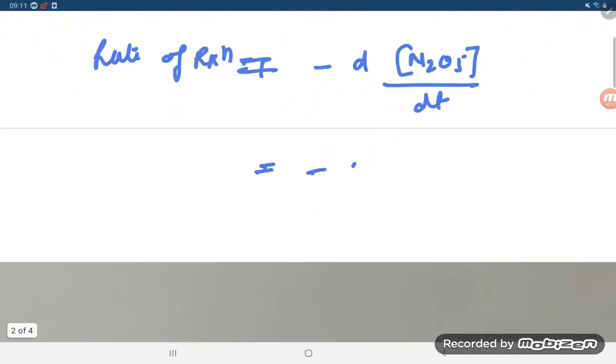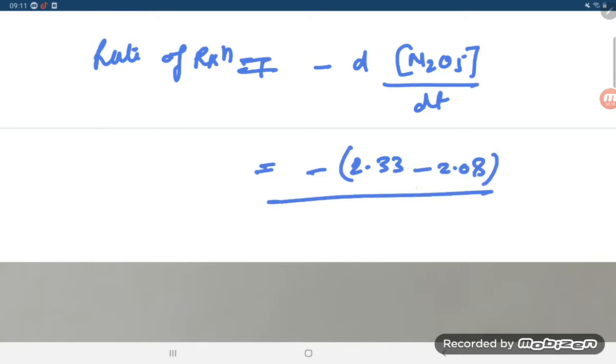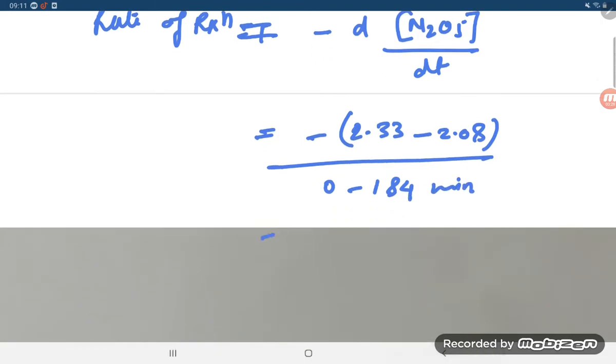So 2.33 minus 2.08, and the time they have given is 0 to 184 minutes. If you solve this, it comes to 1.36 mole liter inverse minute inverse.